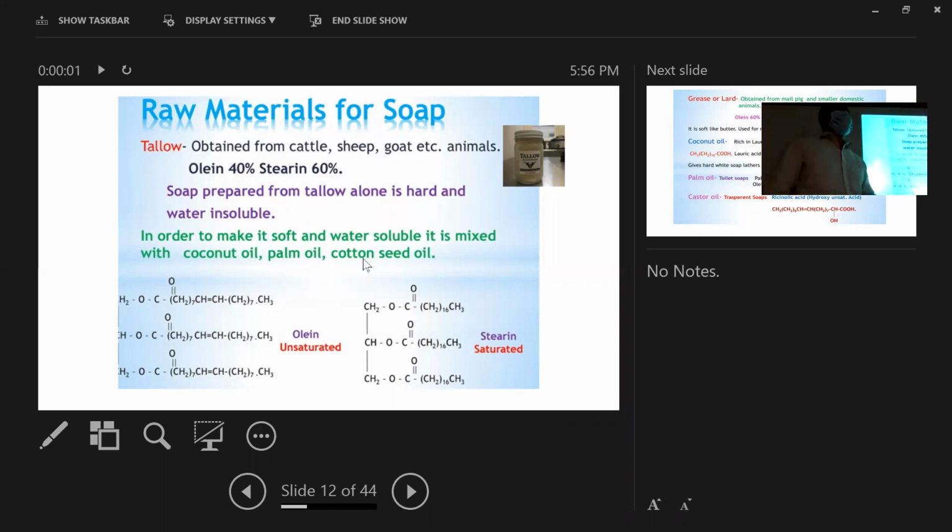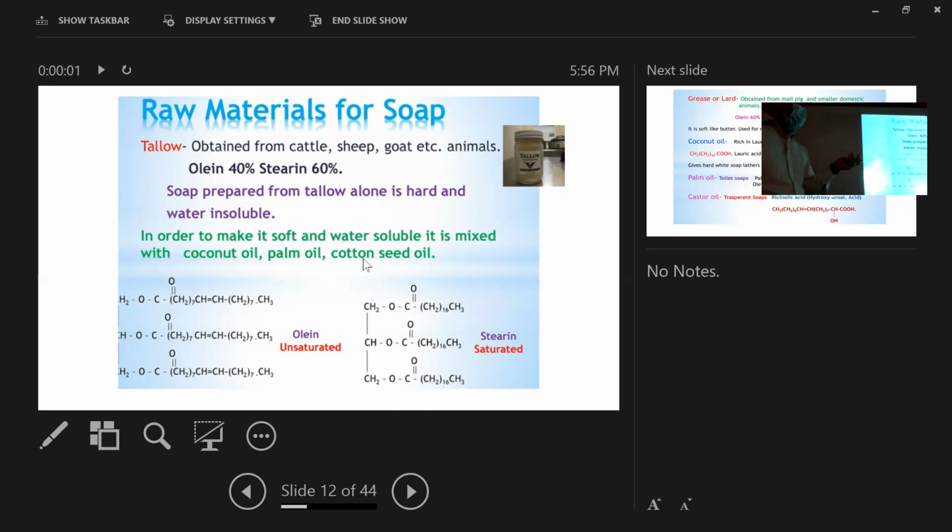very long part is mostly hydrocarbon, and there is a very small part or composition for the head part, that means the carboxylic acid part, that is not very effective.